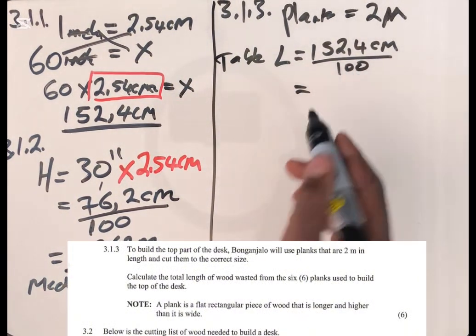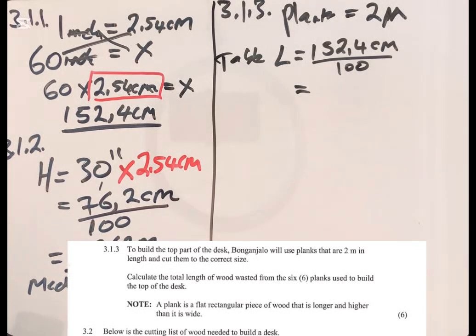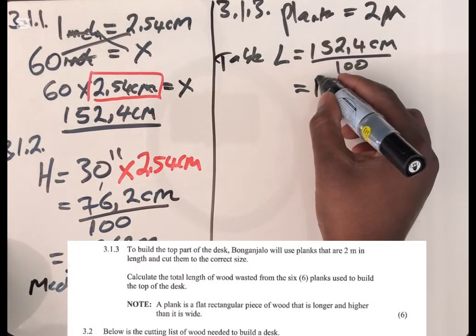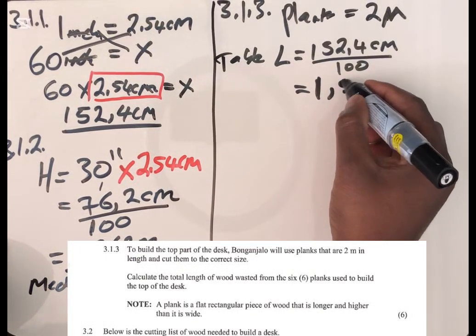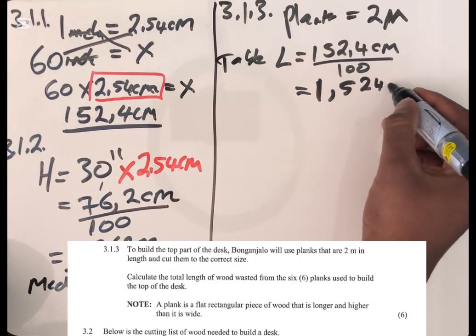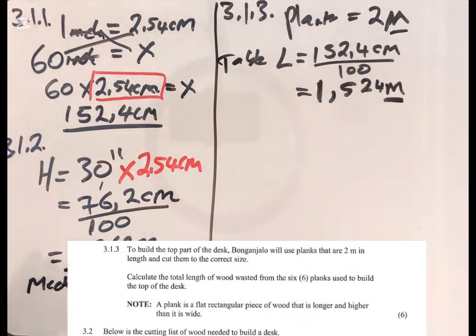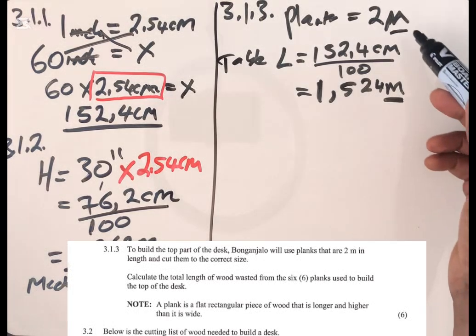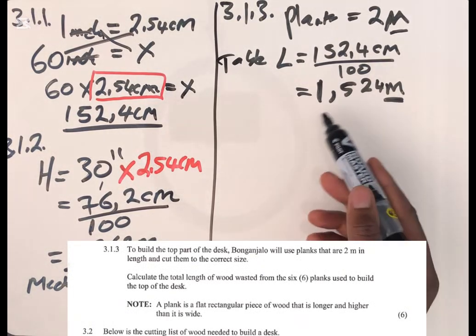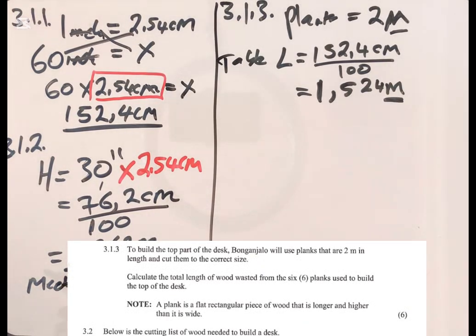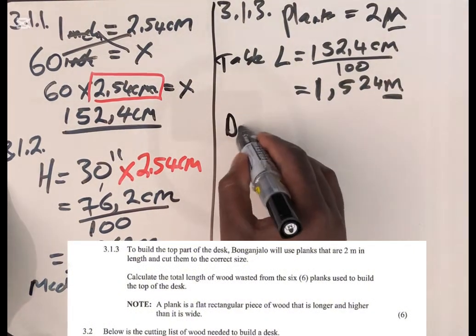This is the length of the table. We have calculated this in the first question. So 152.4 divided by 100 is equal to the length of the table in meters. Everything is now in meters. The plank that you buy is 2 meters long, but the table is 1.524 meters. So let's look at the difference.